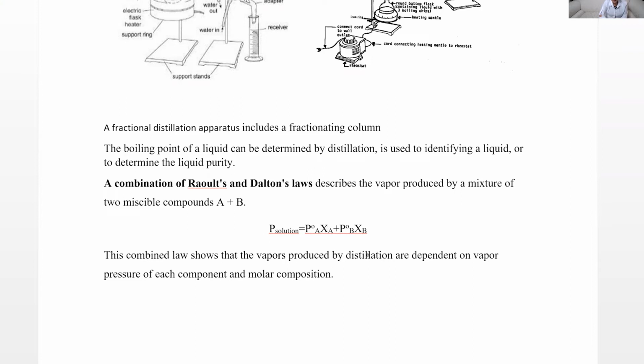So if the impurity is low, let's say you take B as the impurity, then the contribution of the vapor from B is going to be lower at the beginning. Or if the vapor pressure is low for B, that means the boiling point of B is very high.